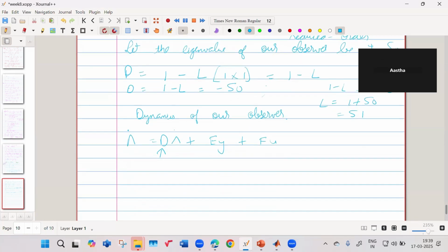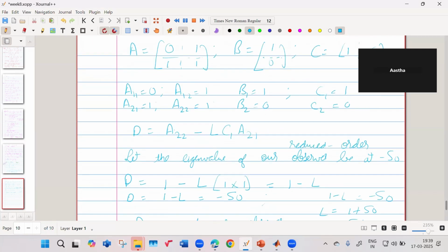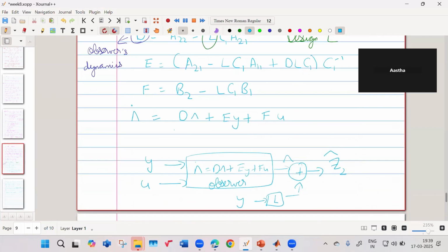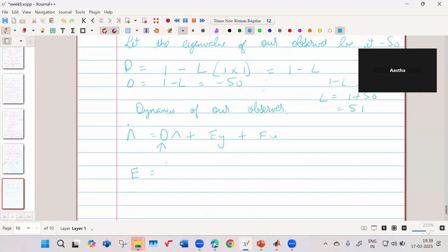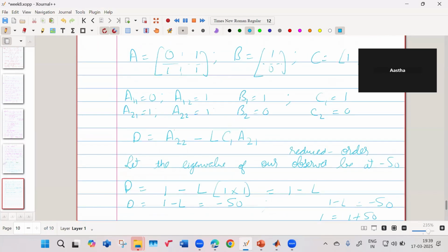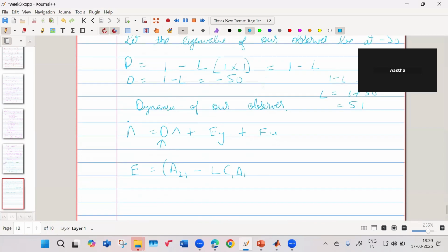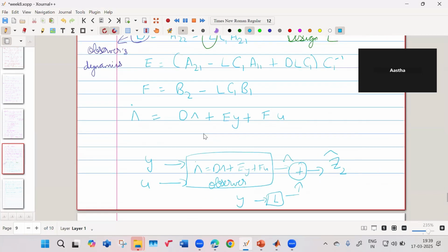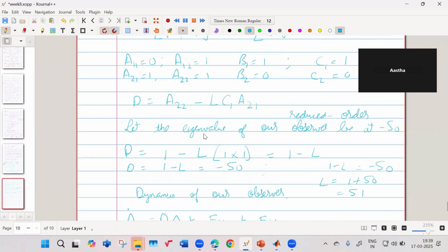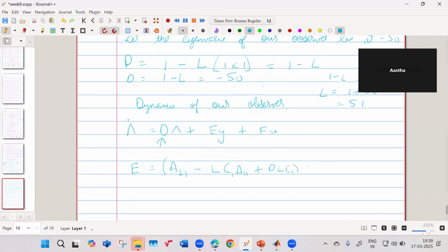Now what should be my E? The E will be given by A21 minus L C1 A11 plus D L C1 C1.